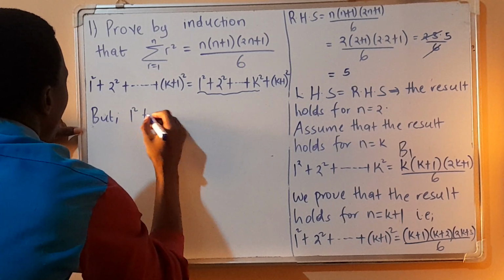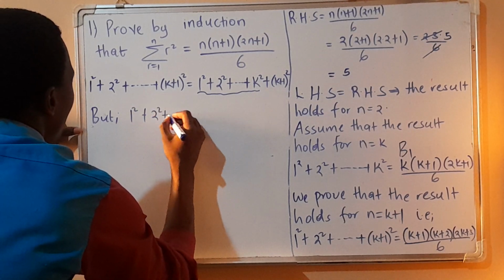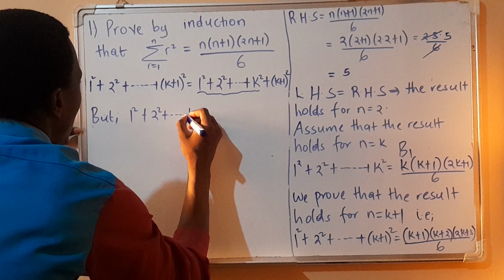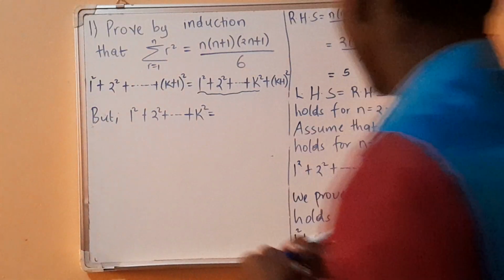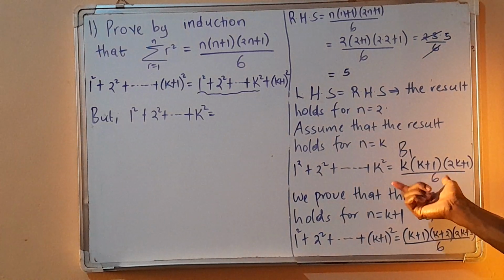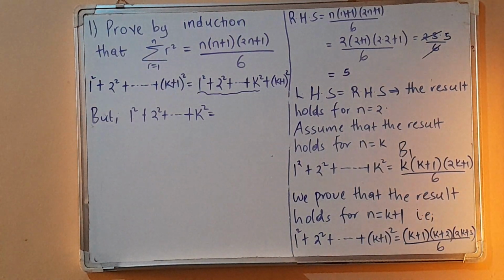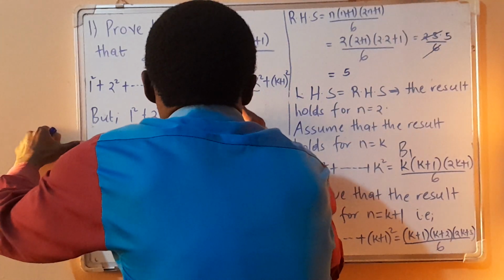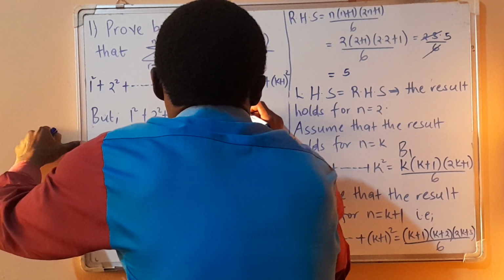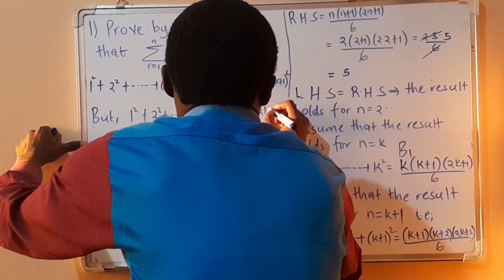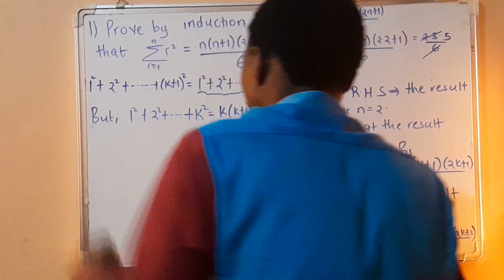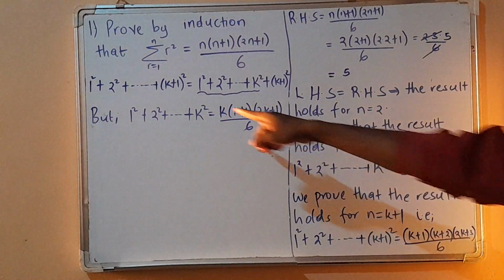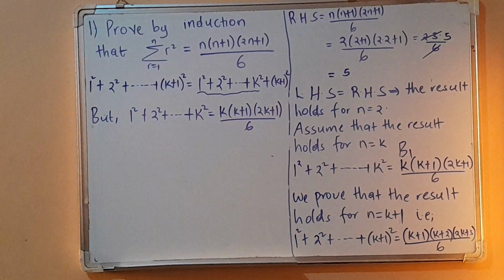1 squared plus 2 squared plus ... k squared is equal to this sum. This sum is equal to k plus 1 times 2k plus 1 over 6. So where there is this sum here, we are going to substitute that.